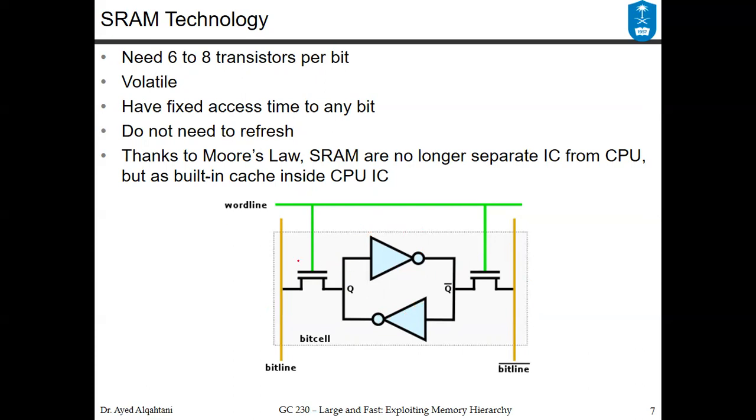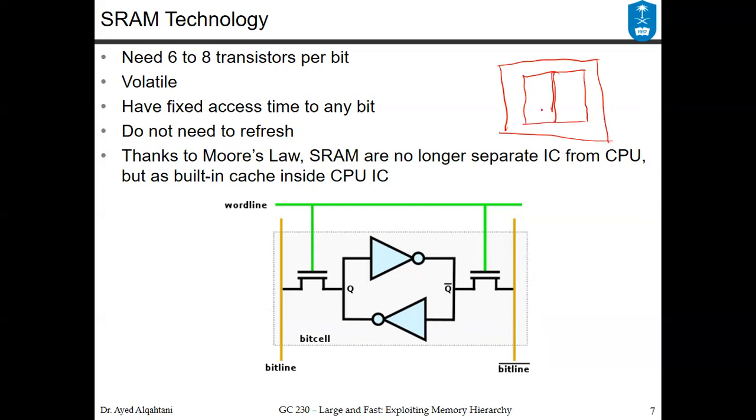Thanks to Moore's law, the SRAMs are no longer separate ICs from the CPU. They are actually built-in cache inside the CPU integrated circuit. If we have multi-core systems and we have the CPU chip, usually we have 4 cores.